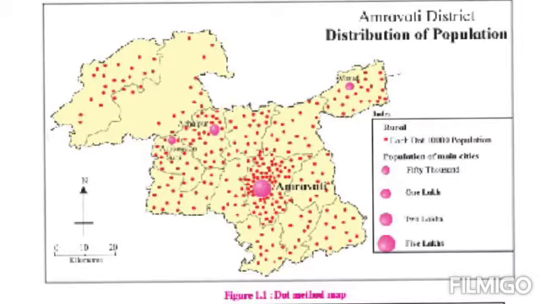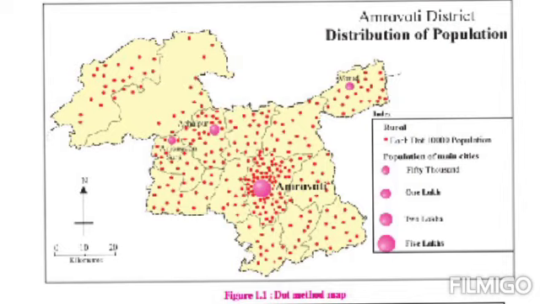Now can you see the map of Amravati district? In this map there is a distribution of population. First thing is, we have to read this map very carefully. Directions are provided. See the north direction. Now the map scale is provided. It seems that 2 centimeter is equal to 10 kilometer, isn't it?